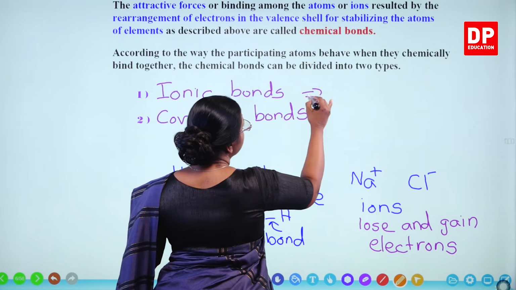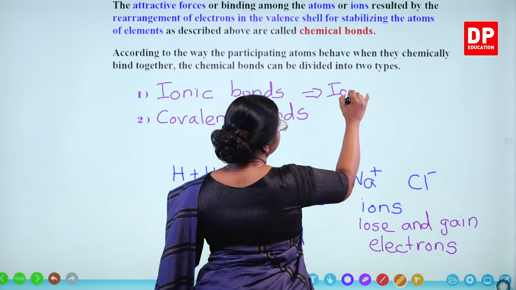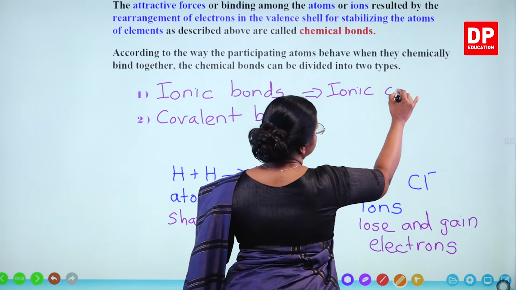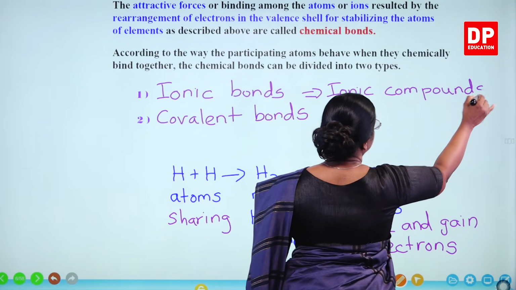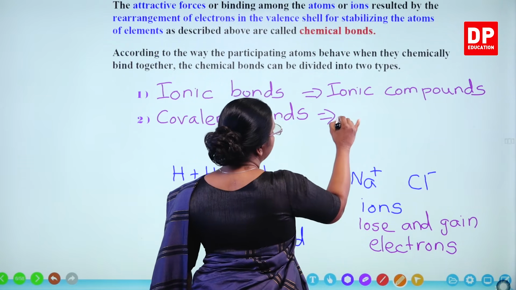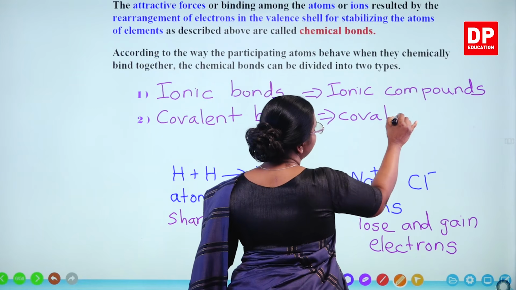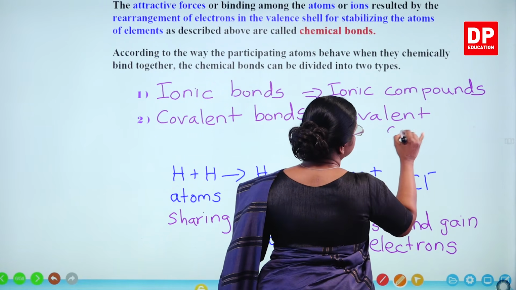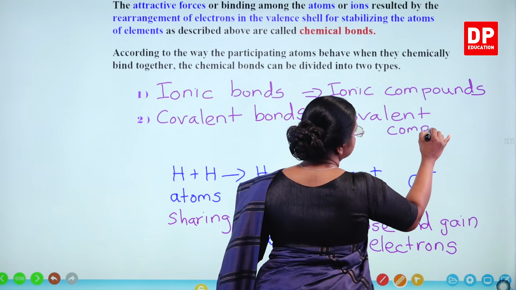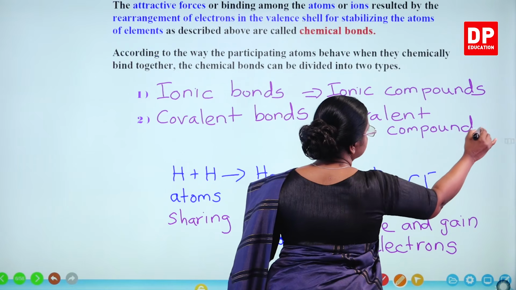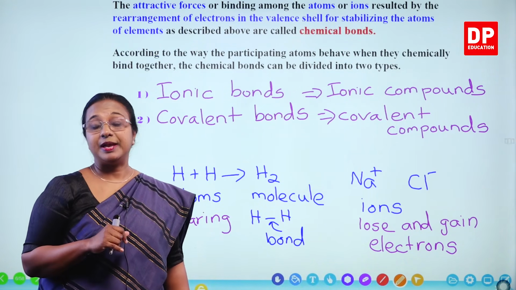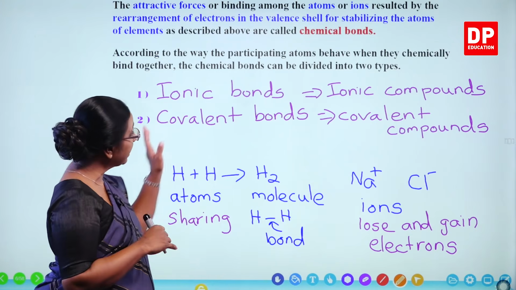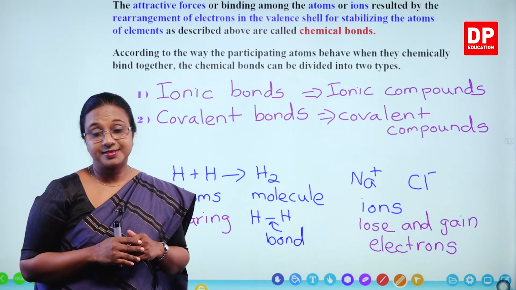Ionic bonds give rise to ionic compounds, and covalent bonds give rise to covalent compounds. So the two main types of bonds and the two main types of compounds based on the bond present.